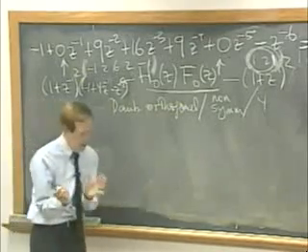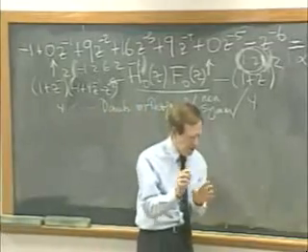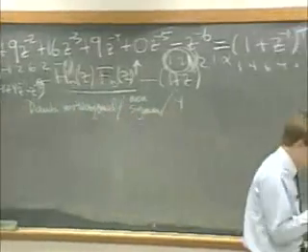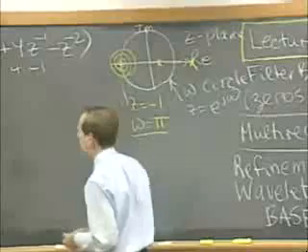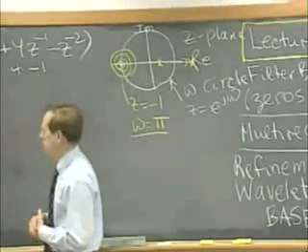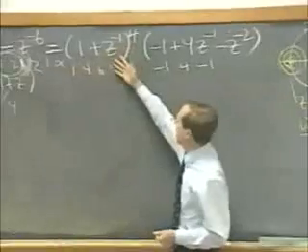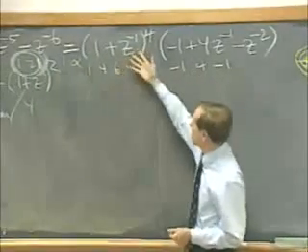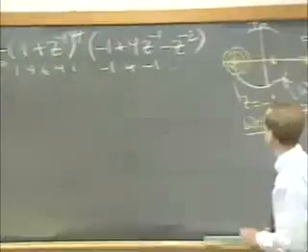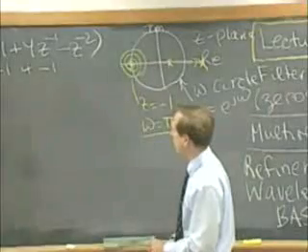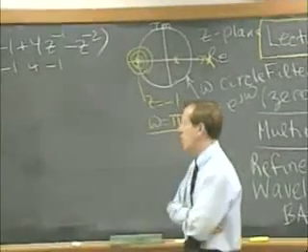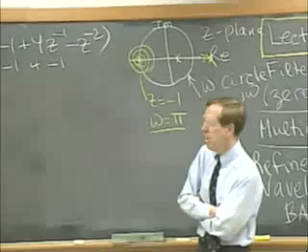Because for an unexplained but perhaps reasonable cause, we like these. We like the fact that it has 4 zeros. We like the fact that it has a lot of zeros at -1.